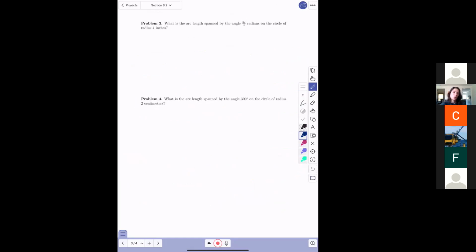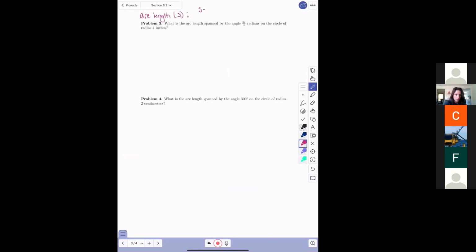Problem 3. Now we're talking about arc length. So what is the arc length spanned by the angle 3 pi over 4 radians on the circle with radius 4 inches? So another important formula for you to know is arc length. It's given by the variable s.